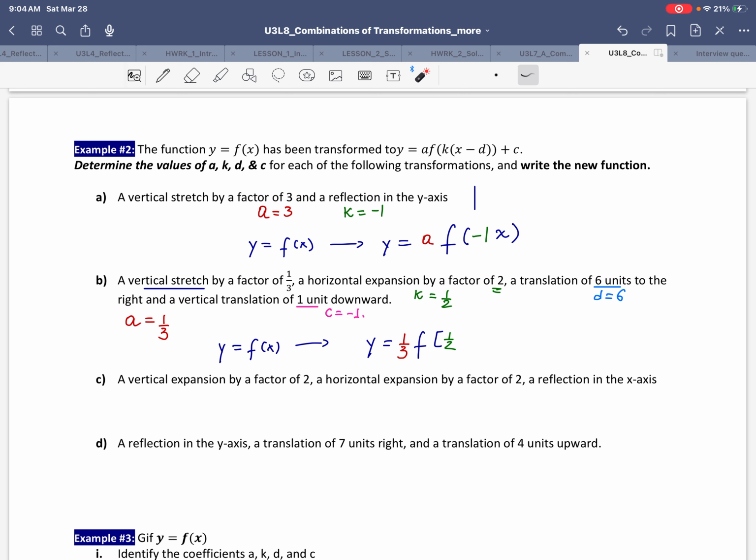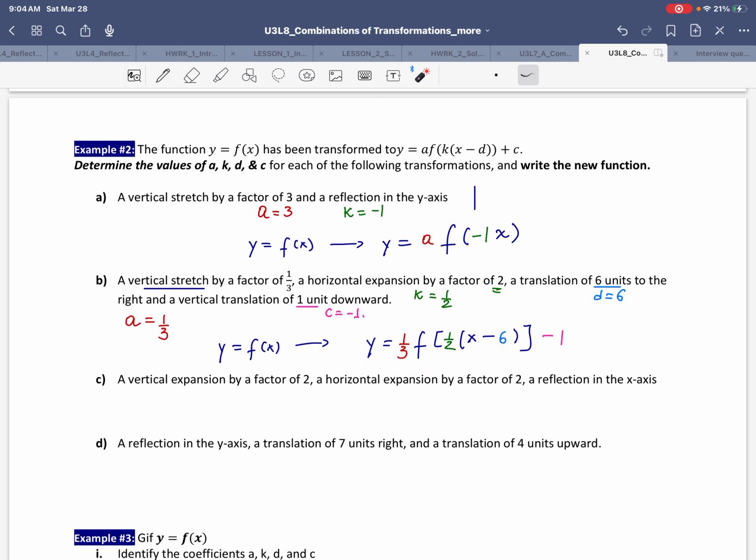And then we have open brackets x, and then minus d, which means that we are minusing a +6. So minus +6, we'll close the brackets, and then plus the vertical translation, which is -1. When you add a -1, it means that we are simply subtracting 1. And this will be the equation of the transform function.